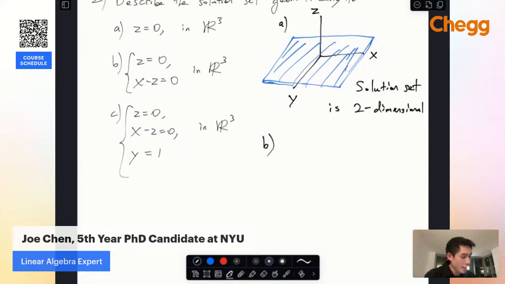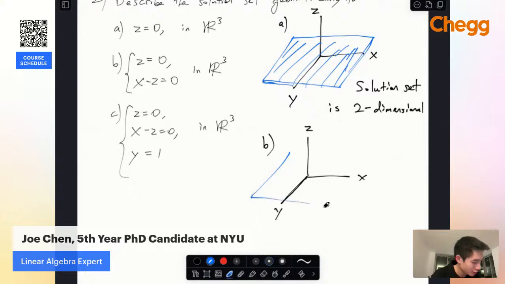Now, how about if we add a second equation? Here we draw again z, x, y. Okay, so z equals 0 is still the same plane that we drew. And now I also have a second equation, x minus z equals 0. So this is again going to be a plane. And I'm going to try and draw in 3D.